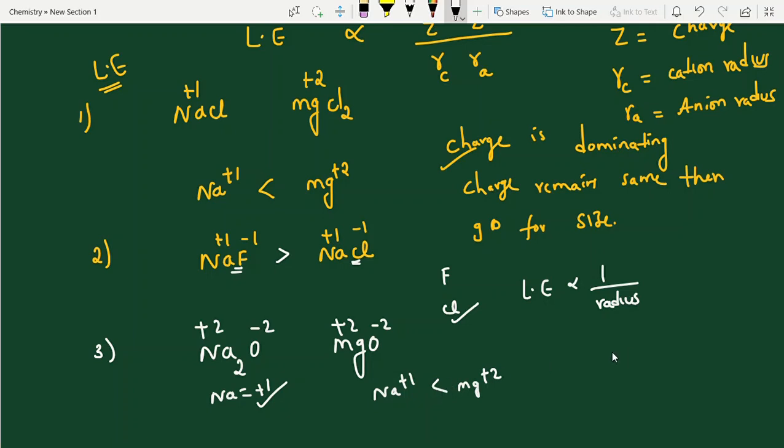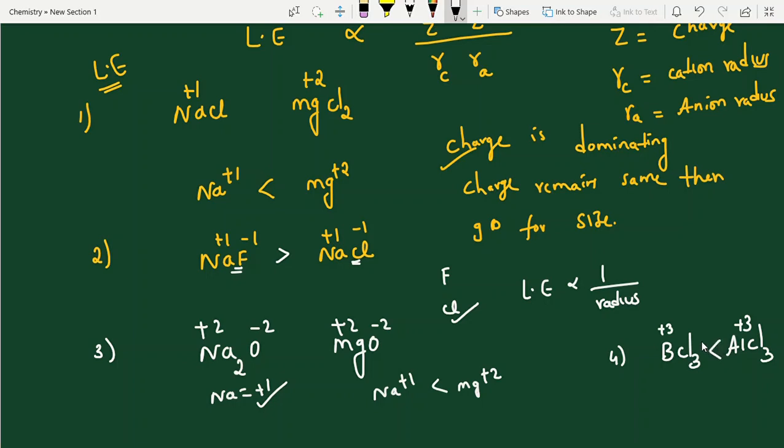Now what is the next example, students? Yes. BCl3, AlCl3. Can you try this one? Which has more lattice energy? This is plus 3 and this is also plus 3. Both charges are the same, no? Then you can go for size. Right? Which is correct? Is it correct?